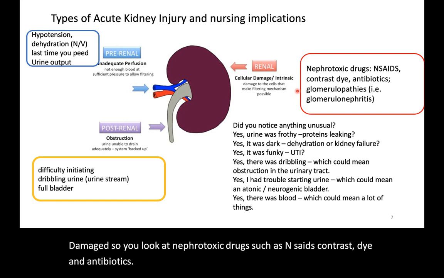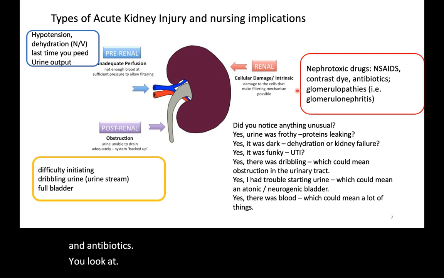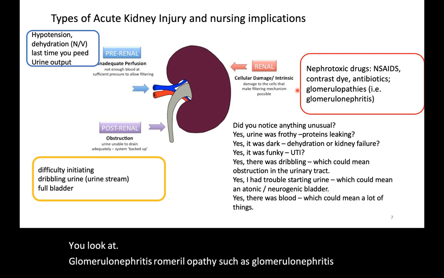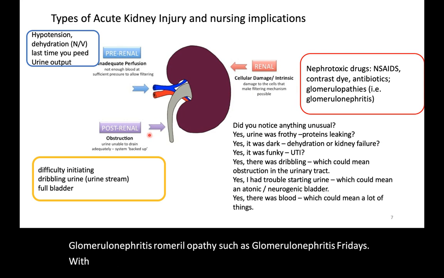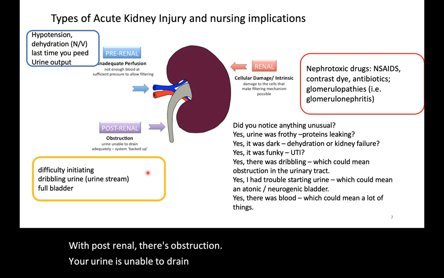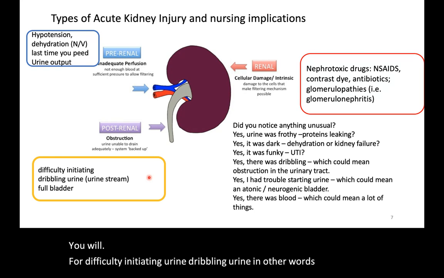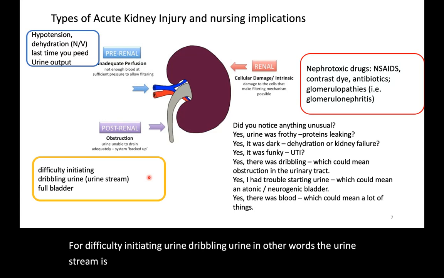You look at glomerulopathies such as glomerulonephritis. With postrenal, there's obstruction. Urine is unable to drain adequately. So you will assess for difficulty initiating urine, dribbling urine. In other words, the urine stream is not good, and you assess for full bladder.